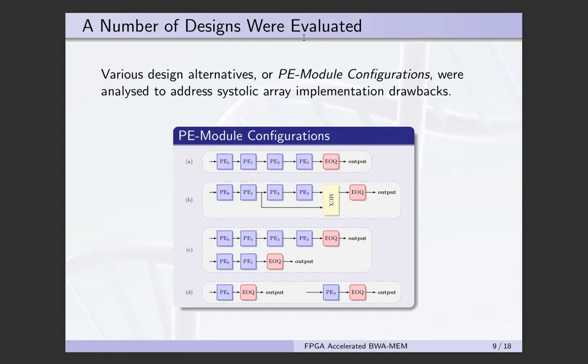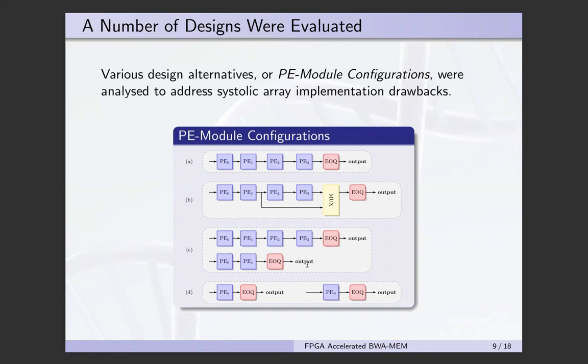We can solve this problem in a number of ways. One way is by allowing intermediate outputs of processing elements to reach the final output of the systolic array using multiplexers. This is what we call variable logic length systolic arrays. Another approach is to create multiple systolic arrays with multiple sizes, shorter ones and longer ones.